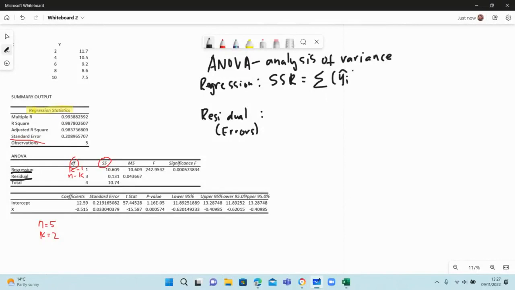It is the summation of y sub i hat minus y bar, squared, where y sub i hat are the individual y values given by the model, and the y bar that you see here is just the mean of the given y values.